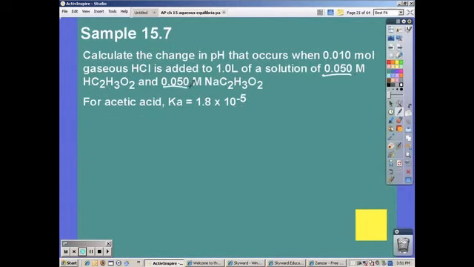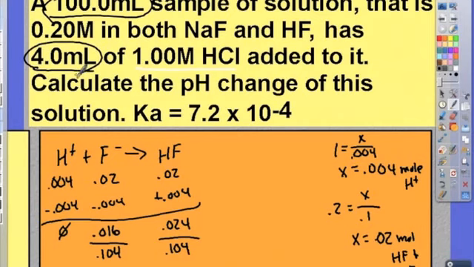Plug those in. React to completion. Make sure you divide by total volume. So that's 100 plus 4, which is 104 milliliters or 0.104 liters.